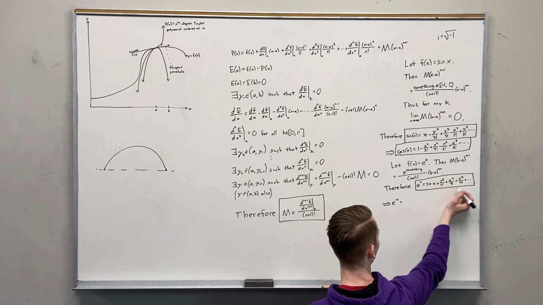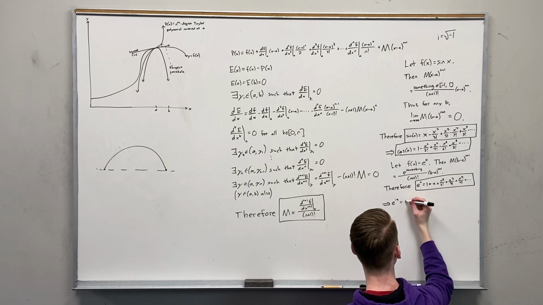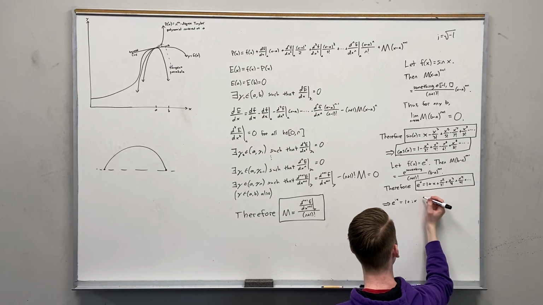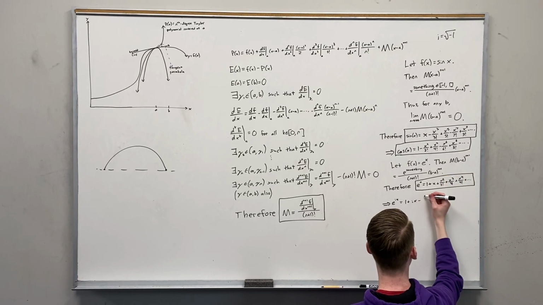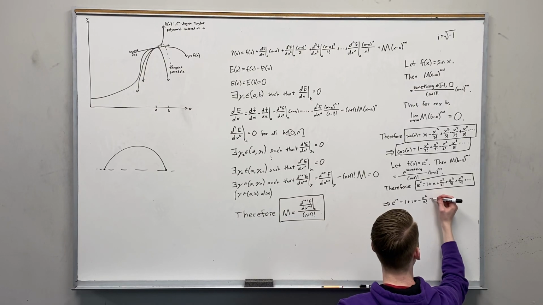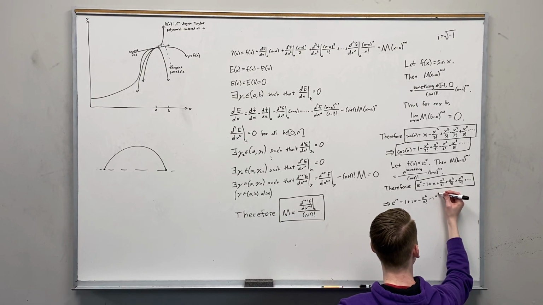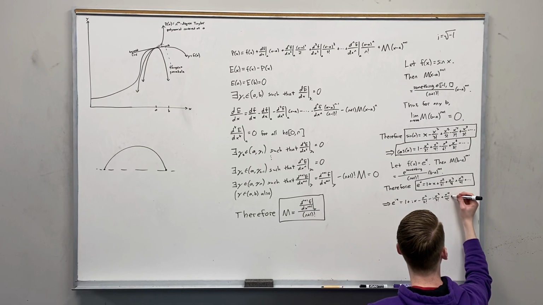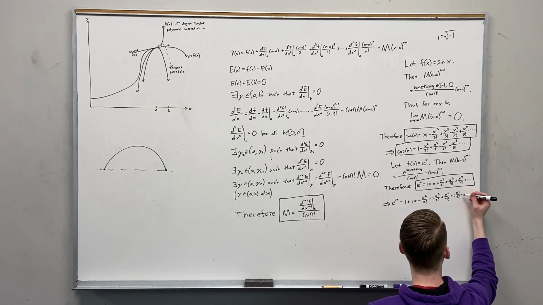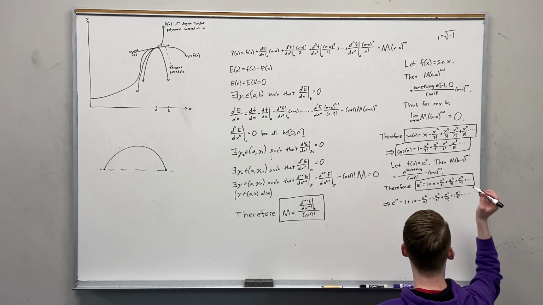Well then I'm just going to plug in ix for all of these. So I'm going to get 1 plus ix, and then ix squared is going to be -x squared, so it's going to be minus x squared over 2 factorial. It's going to be minus i times x cubed over 3 factorial plus x to the 4th over 4 factorial plus i x to the 5th over 5 factorial minus, and we keep going.